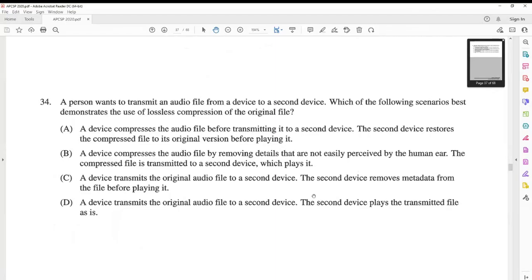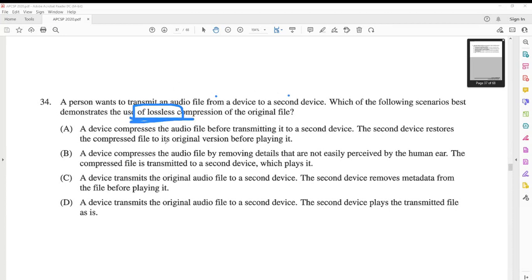Okay. Any questions so far? Okay. One problem is number 34. I said pick B, but I did not do it carefully because here it says lossless compression. Okay, let's redo this one. Basically, you transmit a file from one device to the other, and it needs to be lossless.